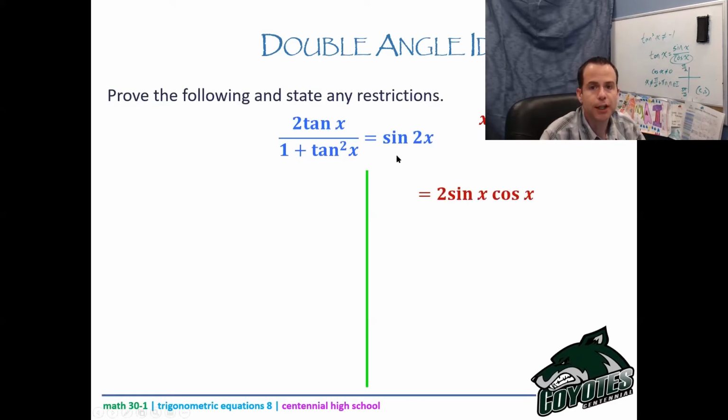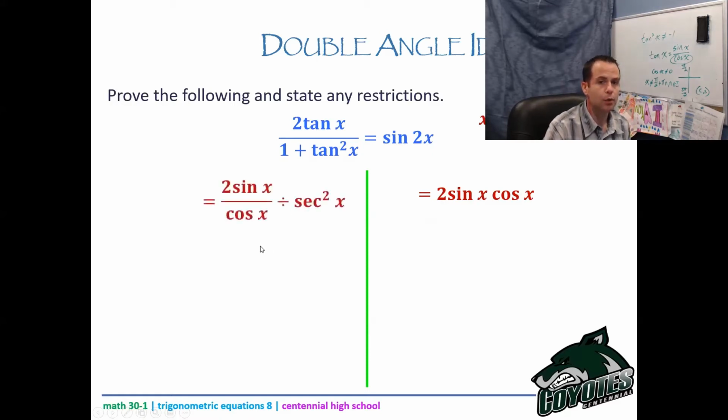So I'm going to change my sine 2x to be 2 sine x cos x. And then I'm going to go over here and I'm going to say, okay, what can I do to that other side? So I see 2 tan of x over 1 plus tan squared x.